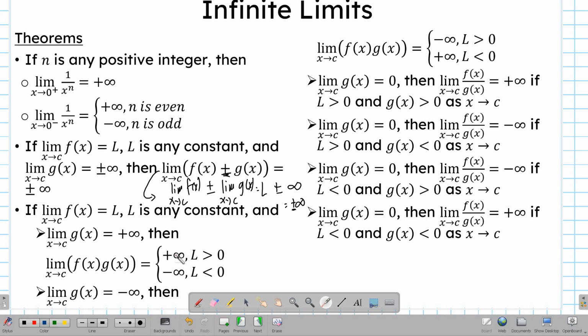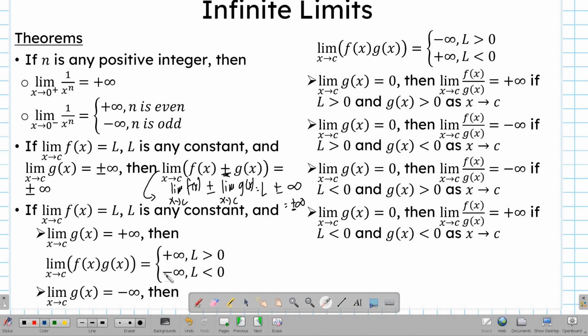It's the same concept as addition and subtraction: you keep on multiplying L to very large positive numbers, so it increases without bound. A positive constant times positive infinity is positive infinity. A negative constant times positive infinity becomes negative infinity because you keep on multiplying a negative number to positive numbers.